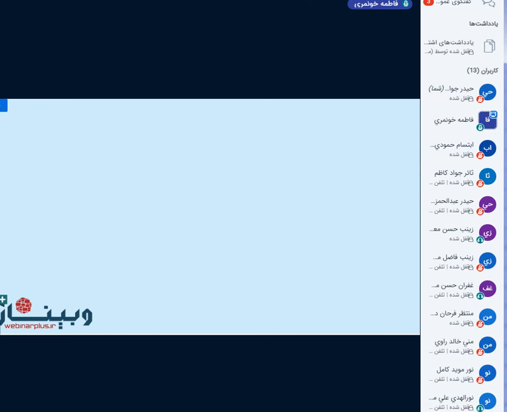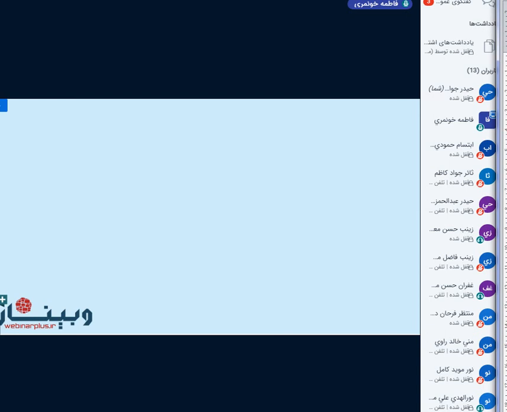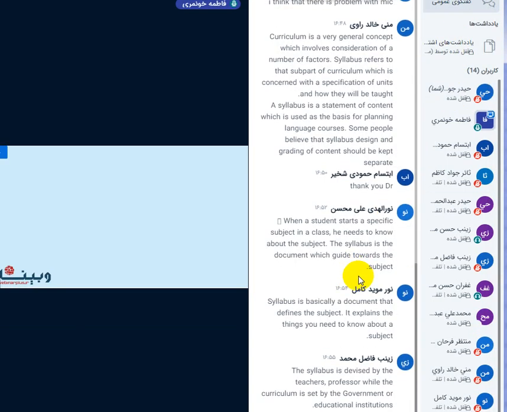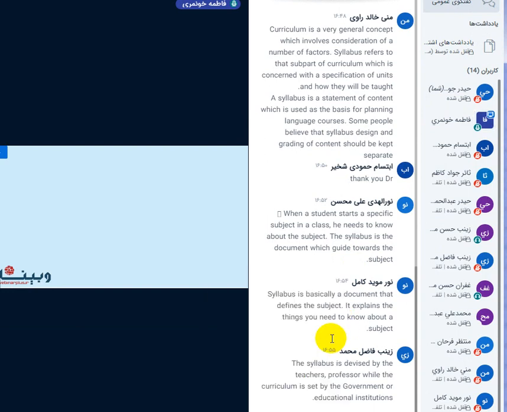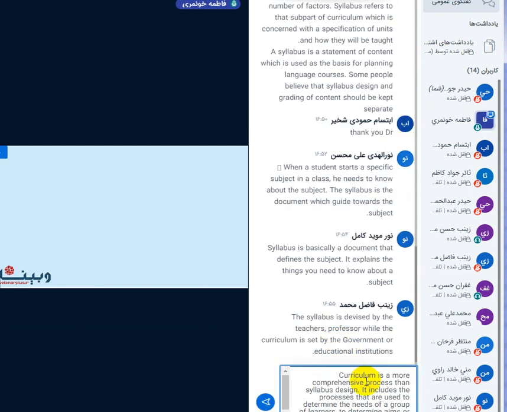Even though we expect teachers to design their own syllabuses, unfortunately, in reality, teachers mostly are not given that much freedom or time to prepare their own syllabuses. So this is the job of the syllabus designer or a team of experts to prepare syllabuses for the teachers to consume and use in their classes.